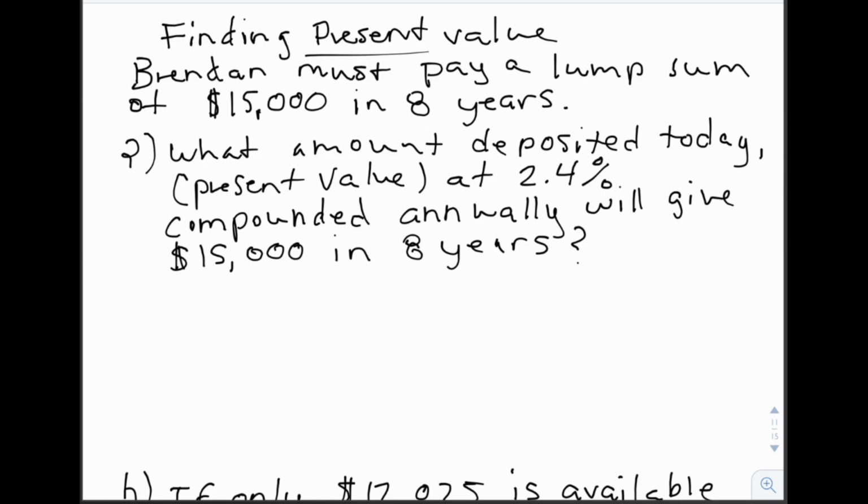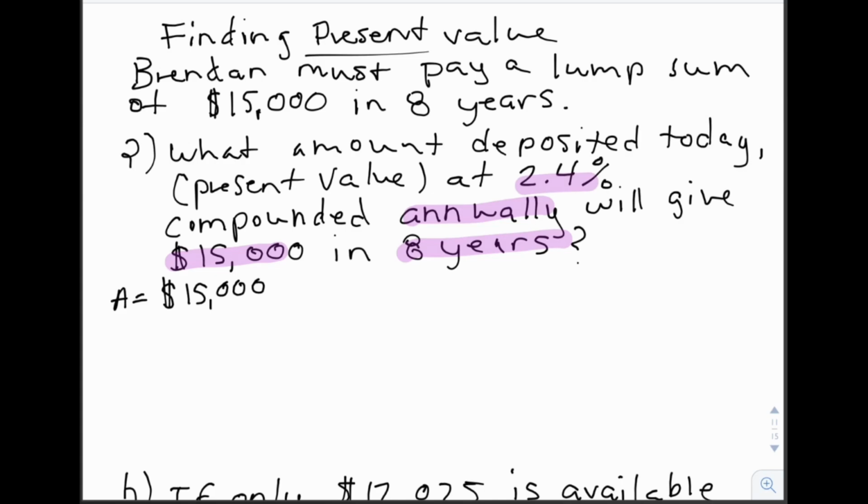So we know that our A is equal to, now it's going to be given to us. It's going to be this $15,000 here. It is compounded annually and will give us this amount in 8 years. Let's go ahead and use the 2.4 as well.